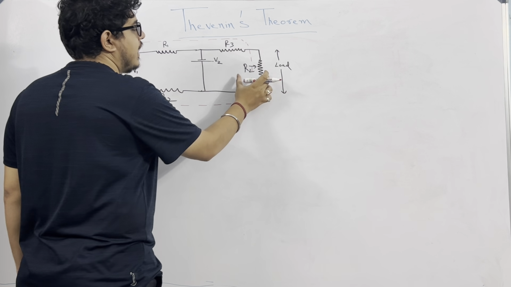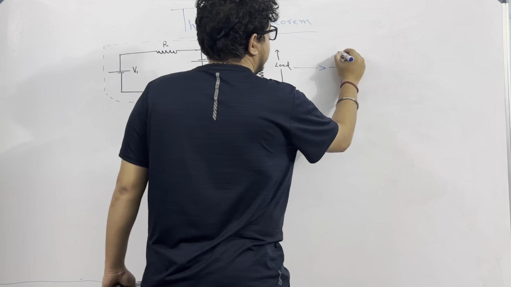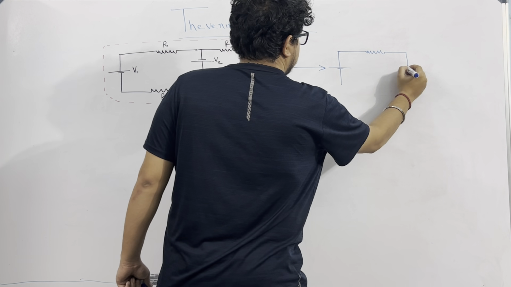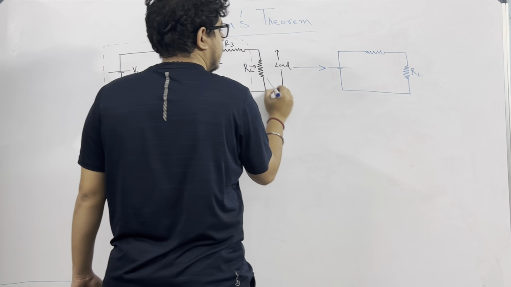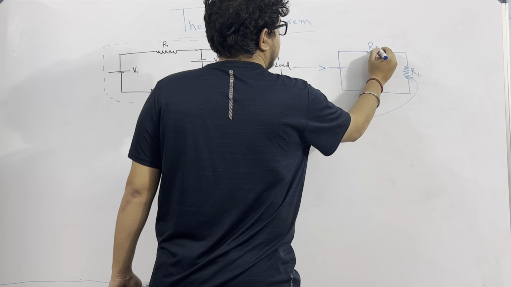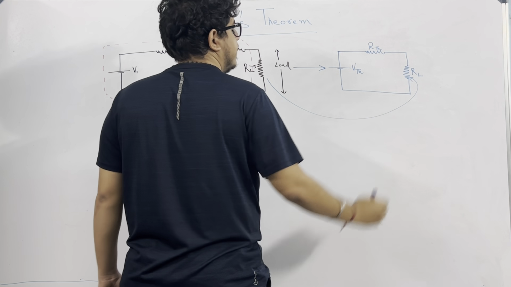So I will make a simpler circuit: only one voltage source, only one resistance, and this load. This is RL, this is called Thevenin's resistance RTH, and this is called Thevenin's voltage VTH.